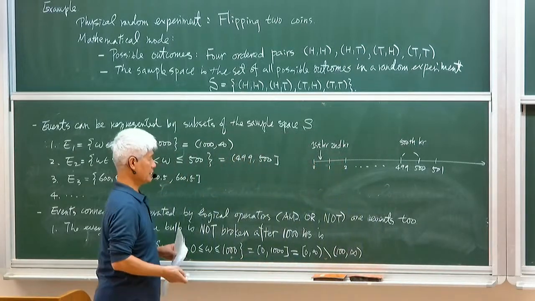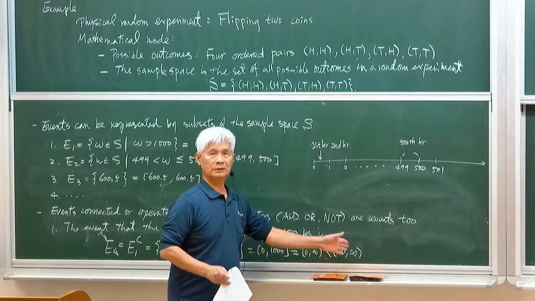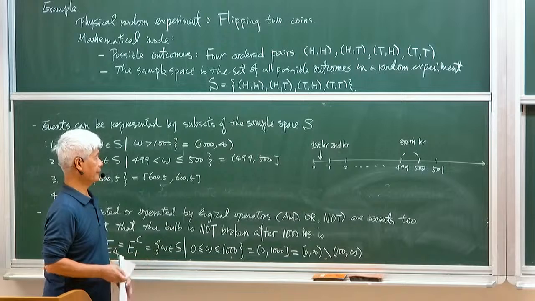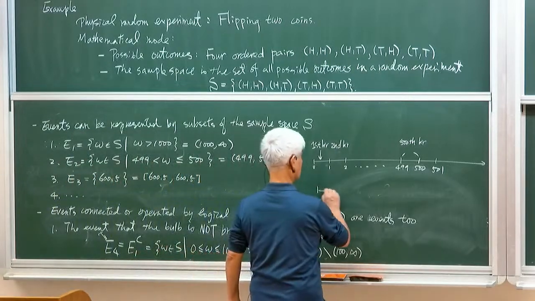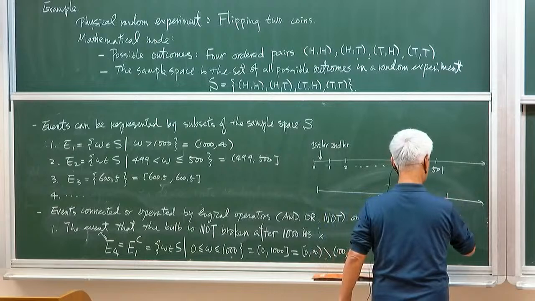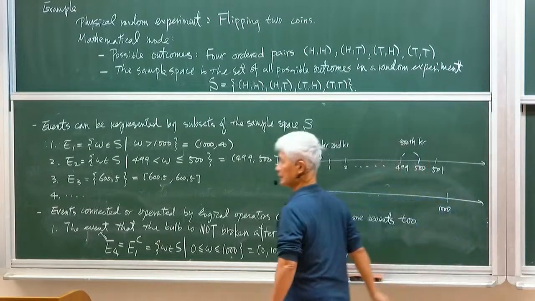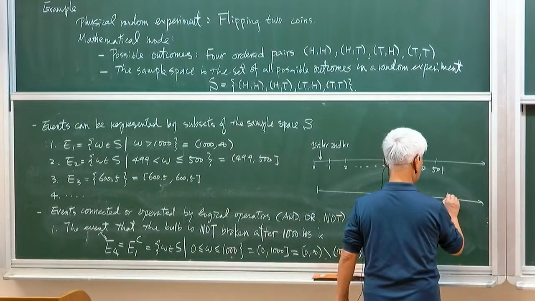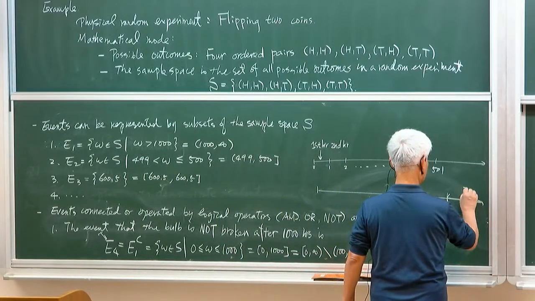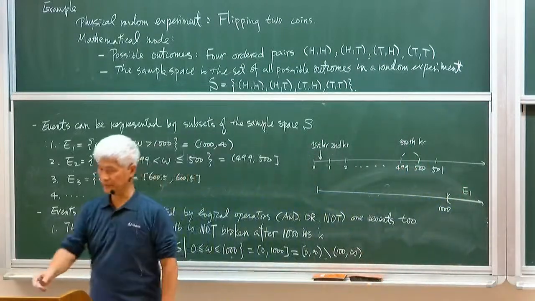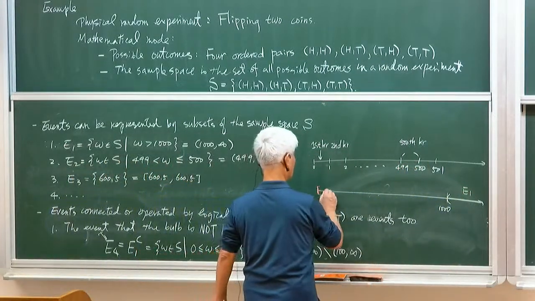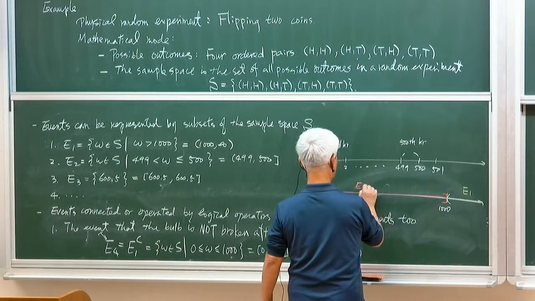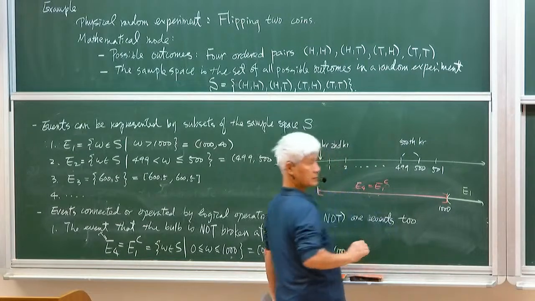It's the sample space, but you delete event 1 because you take the complement. So this is E4, which is the complement of E1.